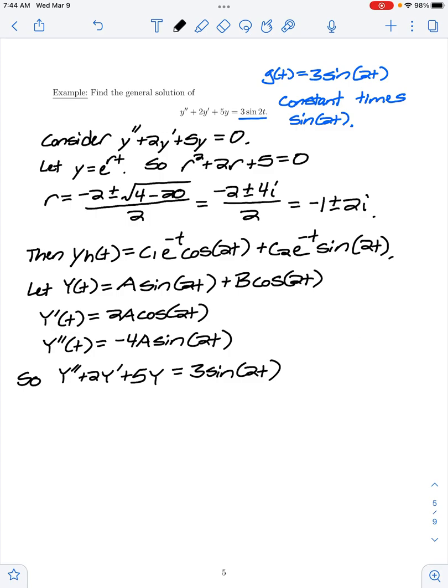Then our first derivative would be 2a cosine of 2t minus 2b sine of 2t, and our second derivative would be negative 4a sine of 2t minus 4b cosine of 2t.